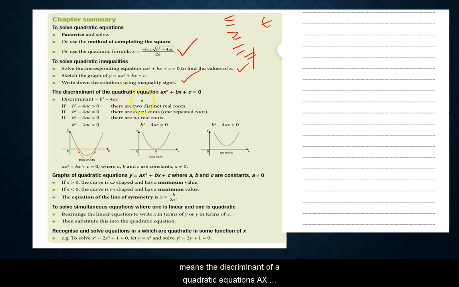The discriminant of a quadratic equation, ax squared plus bx plus c equals 0, gives us the root conditions. The discriminant formula is b squared minus 4ac. If b squared minus 4ac is greater than 0, meaning the discriminant is greater than 0, you have two distinct roots.